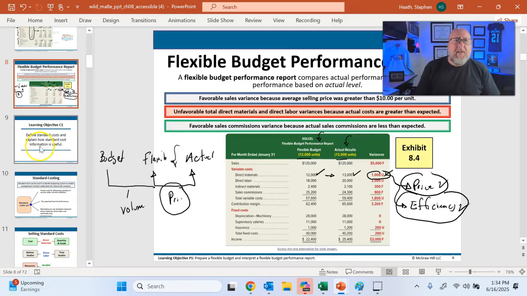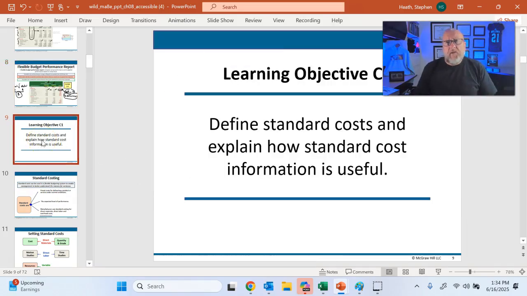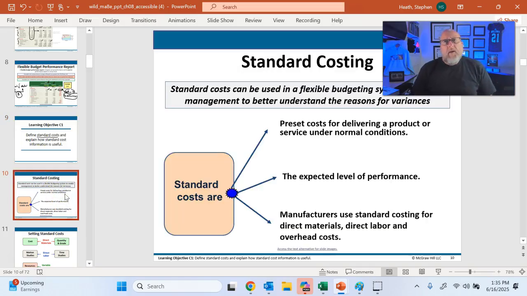And so, this next step, this particular lecture, is that we are going to establish what we are going to call a standard cost. And once we establish a standard cost, we can then try to interpret variances in a much more sophisticated way.